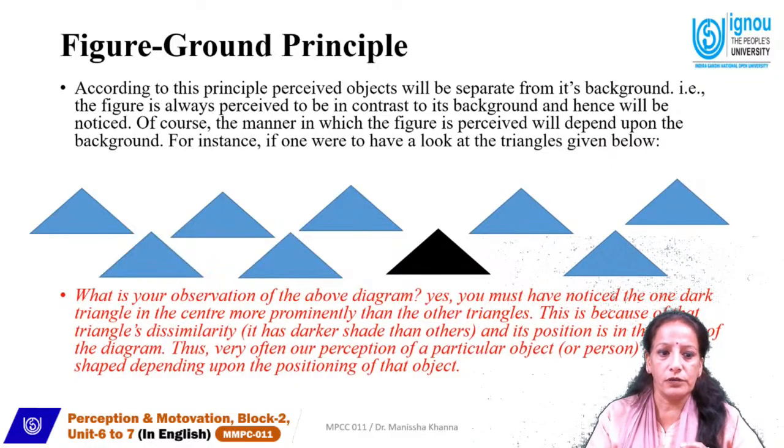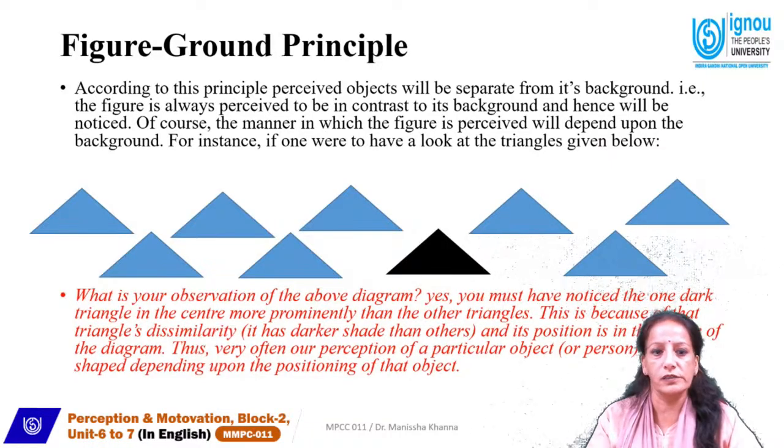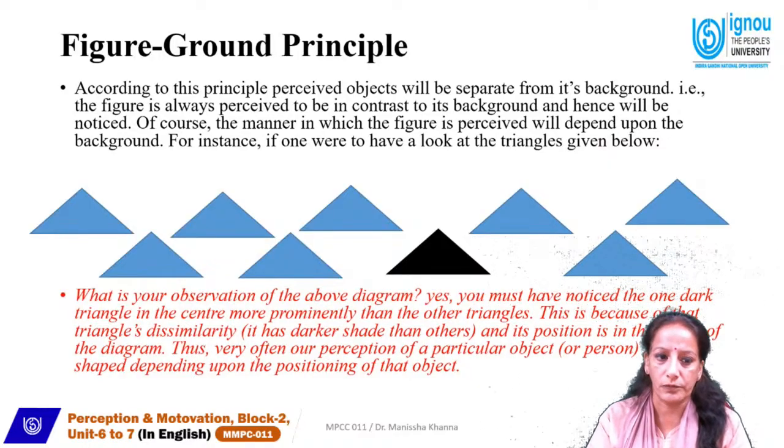For example, if one were to have a look at the triangles given below, all the triangles are blue, but when we perceive the object, the attention immediately goes to the black triangle, which is noticed, which is different from the background, which is separated from the background because of the color.